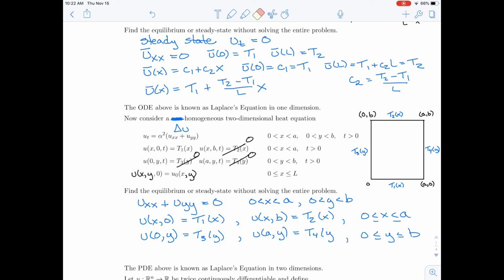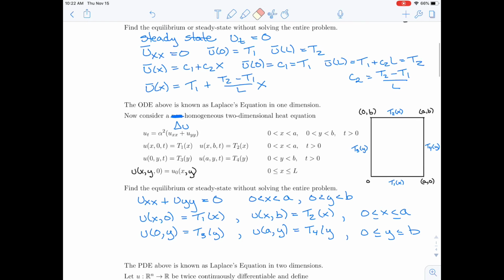Now, once you've solved these 4 equations, then you can add all 4 of those solutions together to give you the solution to Laplace's equation where all 4 boundaries are not 0. So this is similar to when we were solving the wave equation.